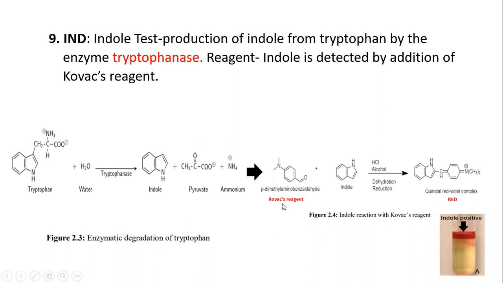And when we apply a special type of reagent, Kovac reagent, that Kovac reagent will react with indole, and after that, a special type of complex will be produced, known as quindole red violet complex, and it will produce red color. Okay, and the rest of the detail I have added in my video about the indole chemical reaction test, so you can watch it in detail.